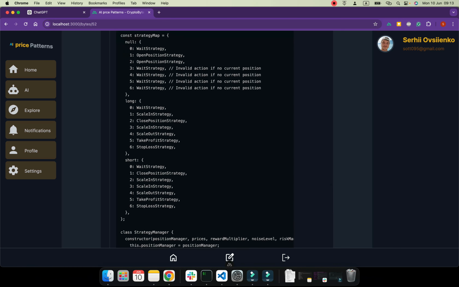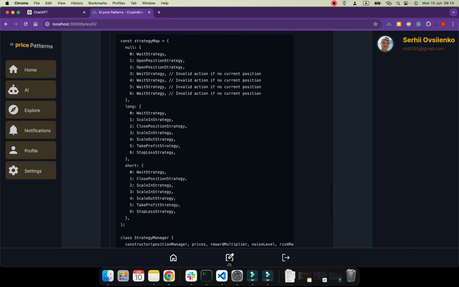So it means, let's look. If we haven't any position, if we have action 0 from our agent, we wait. We can wait, yeah, because sometimes we have a not good situation in the market, and we should wait. But if action 1, for example, it would be open position.